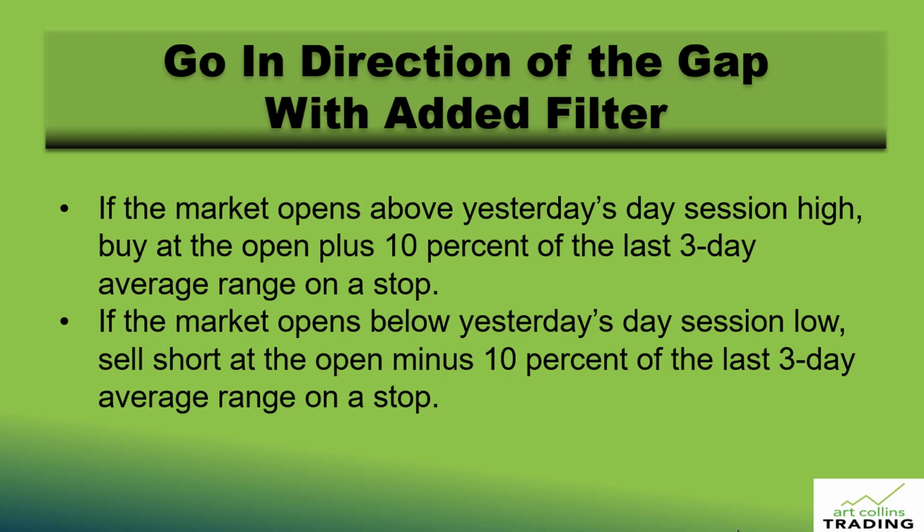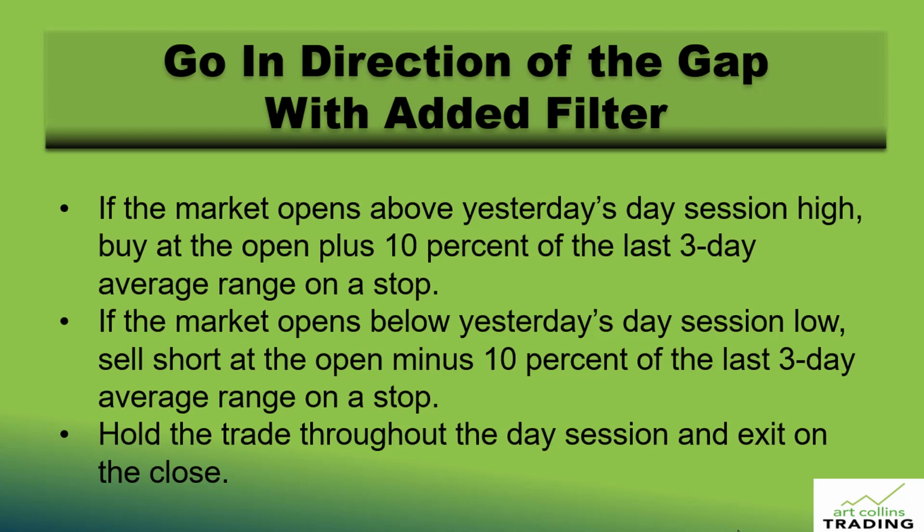And if the market opens below yesterday's session low, sell short at the open minus 10% of the last 3-day average range on a stop. Hold the trade through the day session and exit on the close.